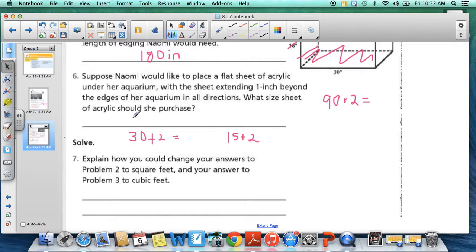So she needs to purchase acrylic the size of 17 inches by, that times just means by, 32 inches, and she will have a piece of acrylic that sticks out 1 inch longer than her aquarium.